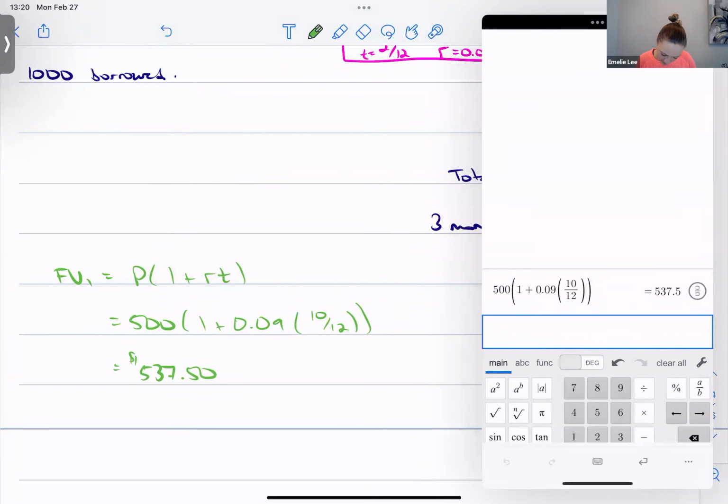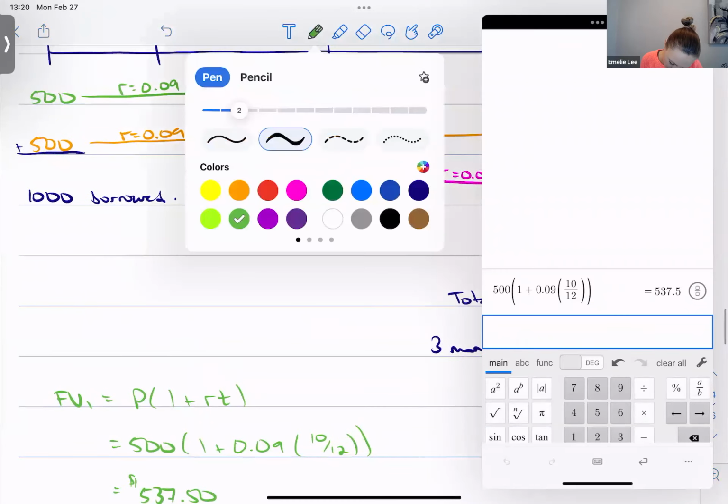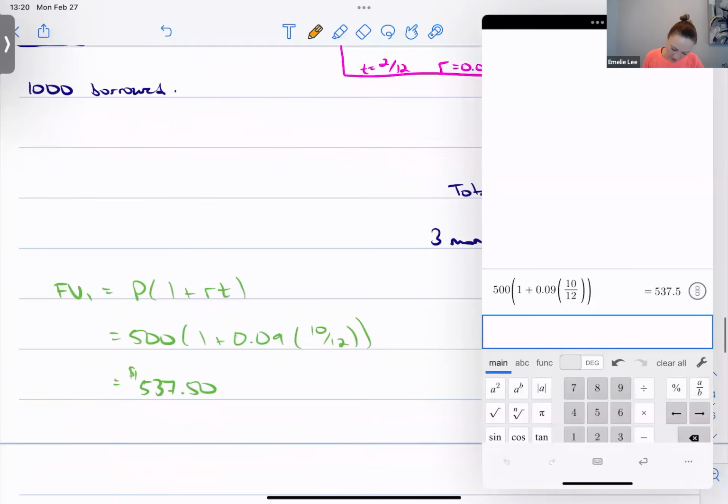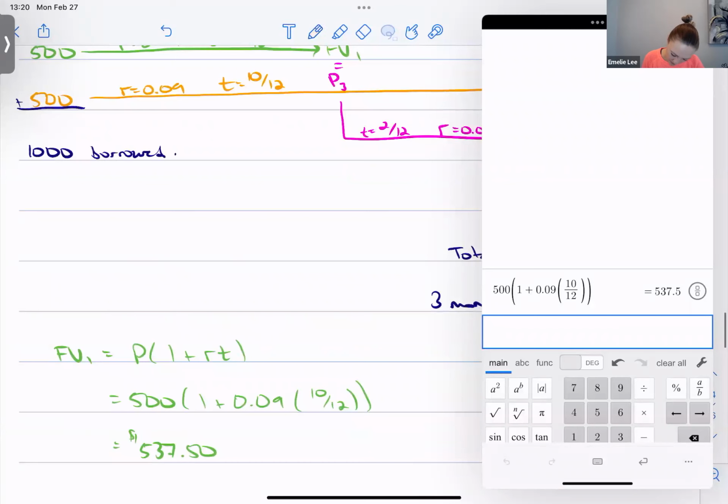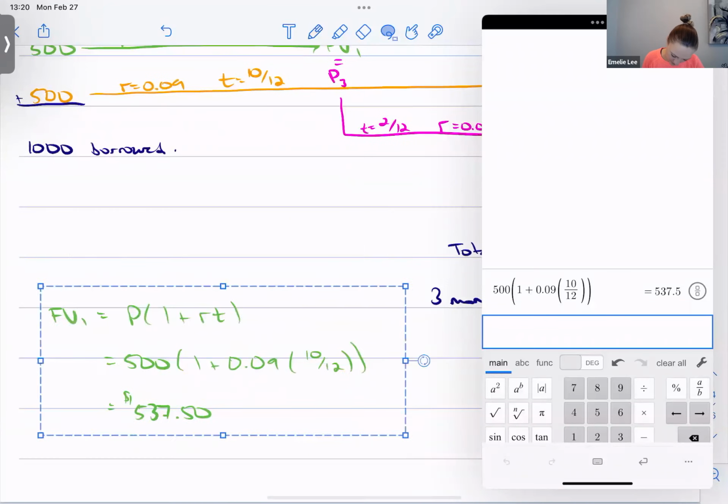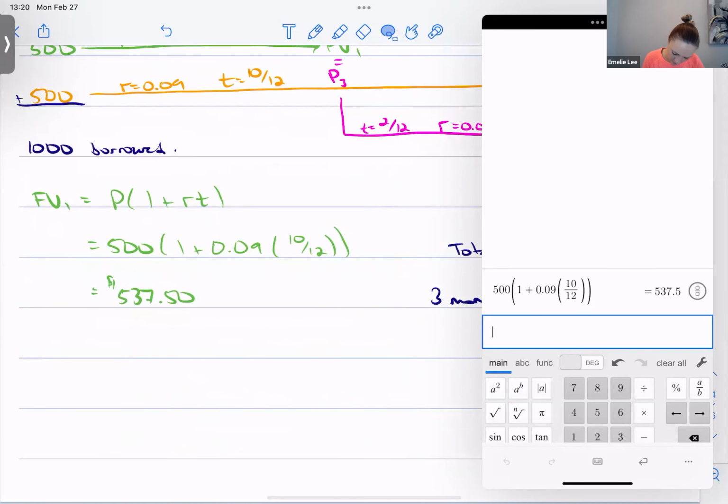The next one is very similar. The only change is that now, let's see. I don't like to crowd all my work like this, but it does make it stay on the screen.